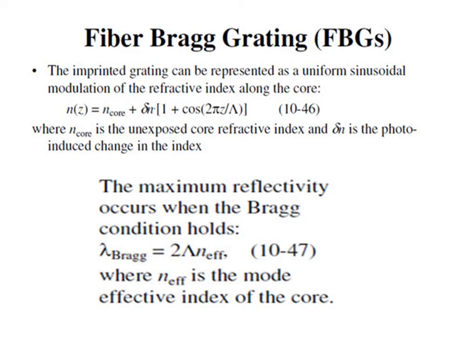Using the standard grating equation, which we already saw earlier, that is lambda into sin theta i minus sin theta d is equal to m lambda, with lambda being the wavelength of the ultraviolet light, the period lambda of the interference pattern can be calculated from the angle theta between the two interfering beams of the free space wavelength lambda UV.